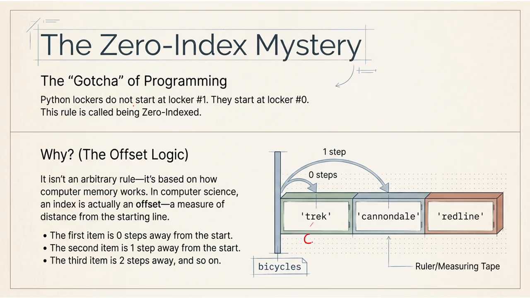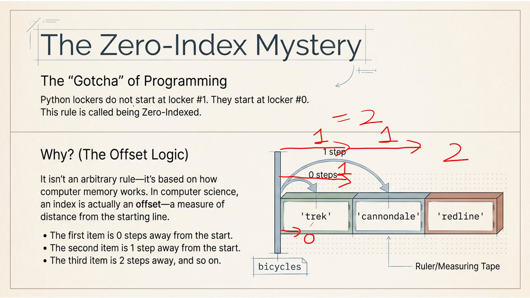So Track is 0 steps away from the starting point. Canondale is 1 step away. And for this Red Line, you have 1 step here, and here you have again 1 step. So in total you are 2 steps away. So that's why its index is 2. That you have to keep in mind.